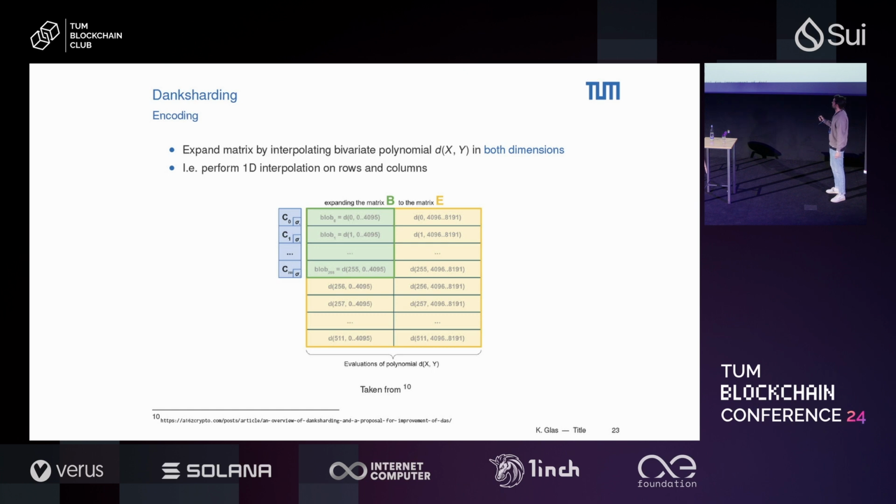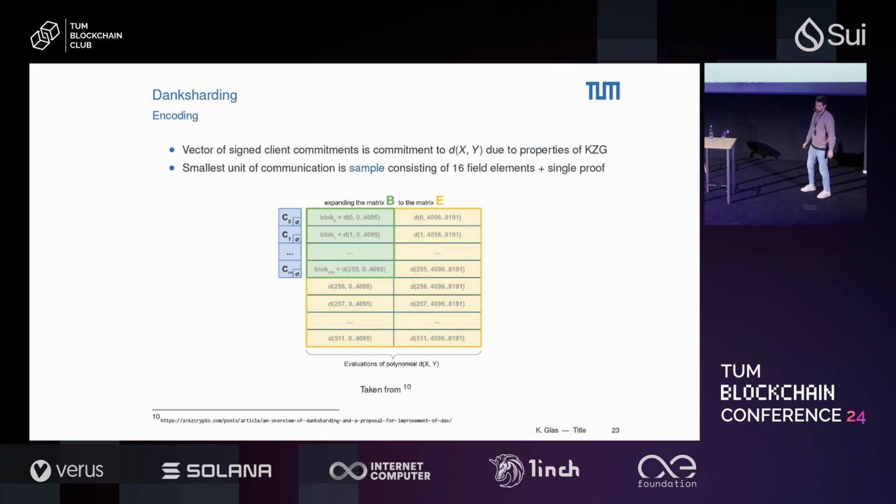Now, the vector of commitments here is also a commitment to this whole polynomial due to the properties of KZG commitments. The smallest unit of communication here is called a sample, and this consists of 16 field elements, and we can also aggregate the proofs for those samples together, so we only need one proof per sample.